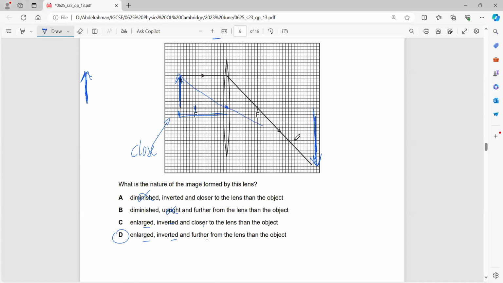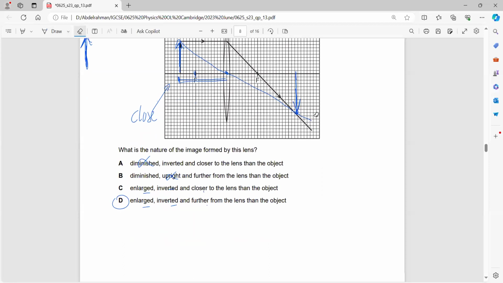I guess it would appear somewhere here. It doesn't matter, but the image will be enlarged, inverted, and further away. Whenever you have an inverted enlarged image, it will be further away from the lens than the object.